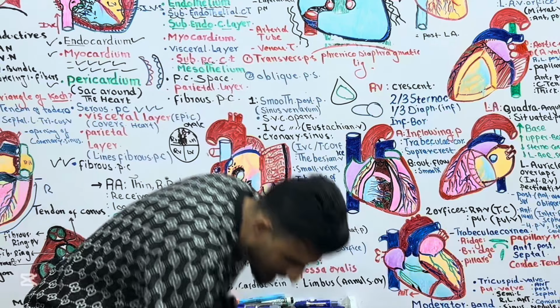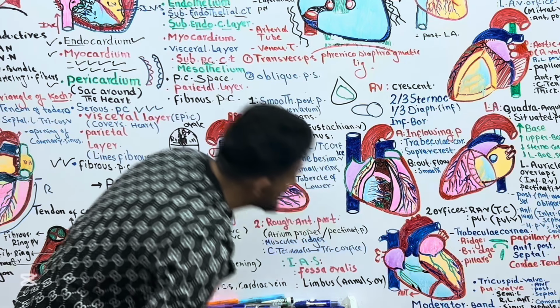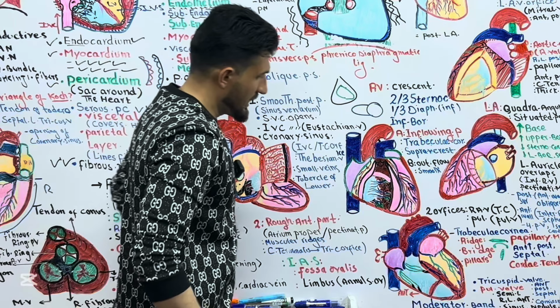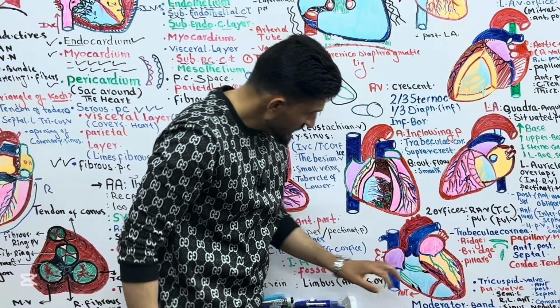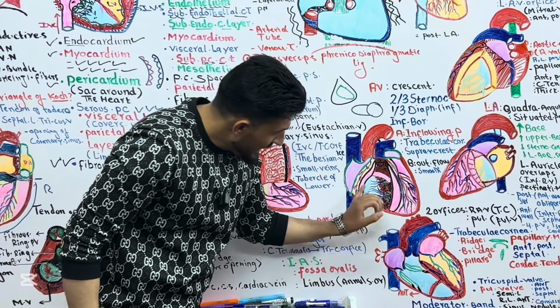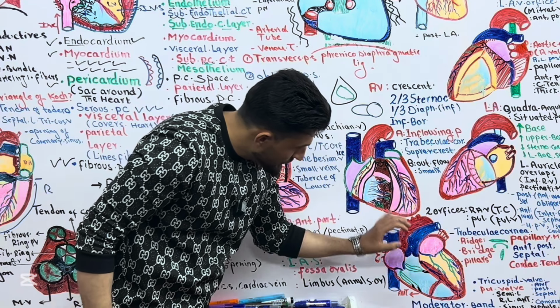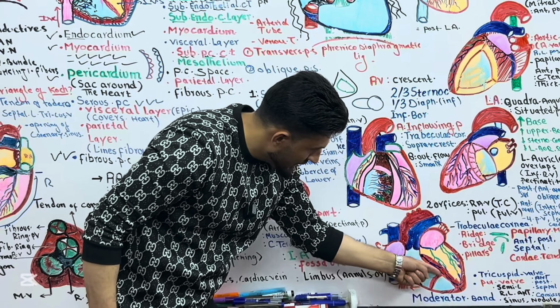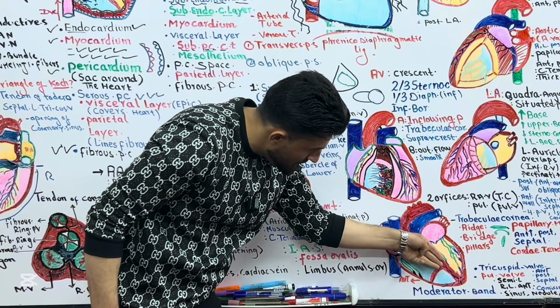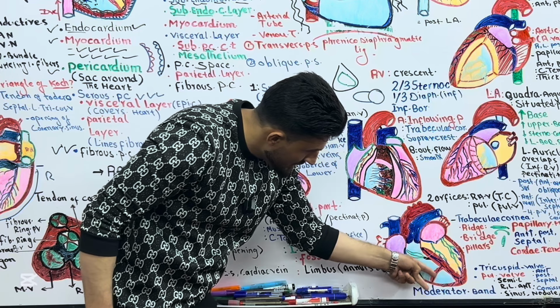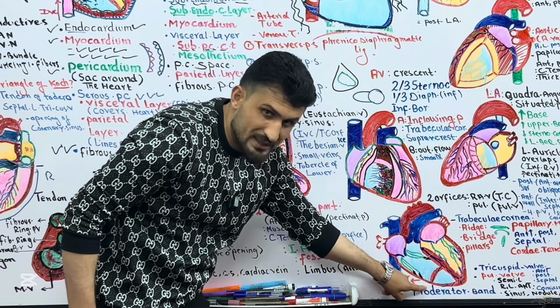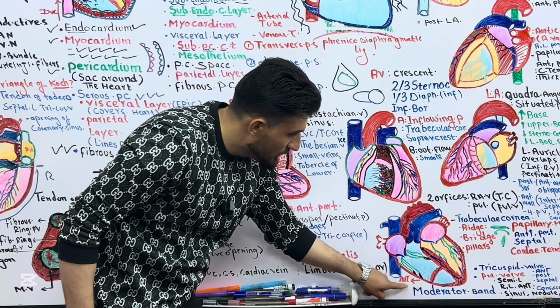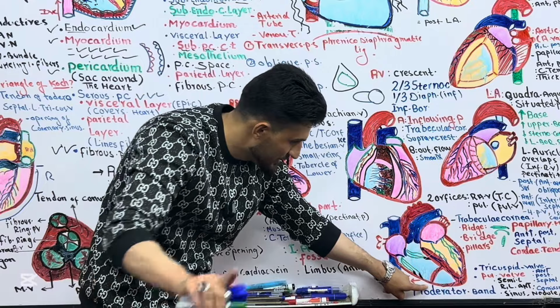This is a very important point in anatomy, because we have a beautiful ridge which extends, listen to me carefully, from the interventricular septum up to the papillary muscle. Which papillary muscle? The anterior papillary muscle. We'll talk about the papillary muscle, don't worry.